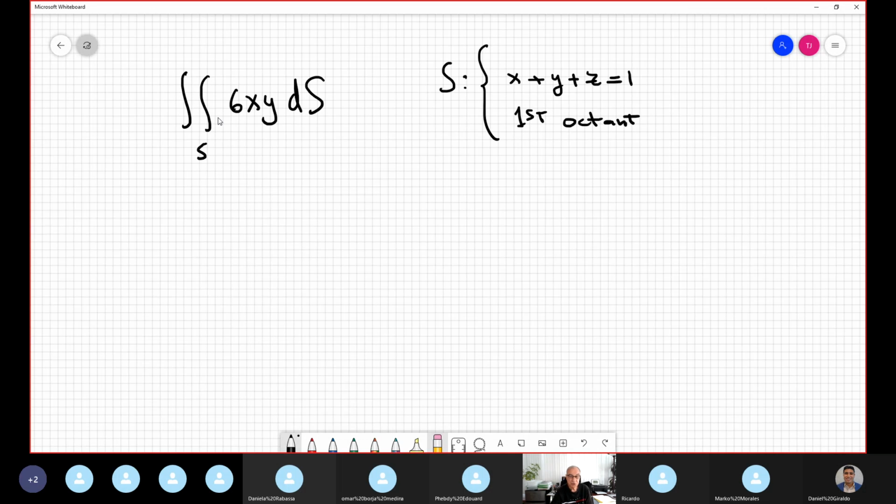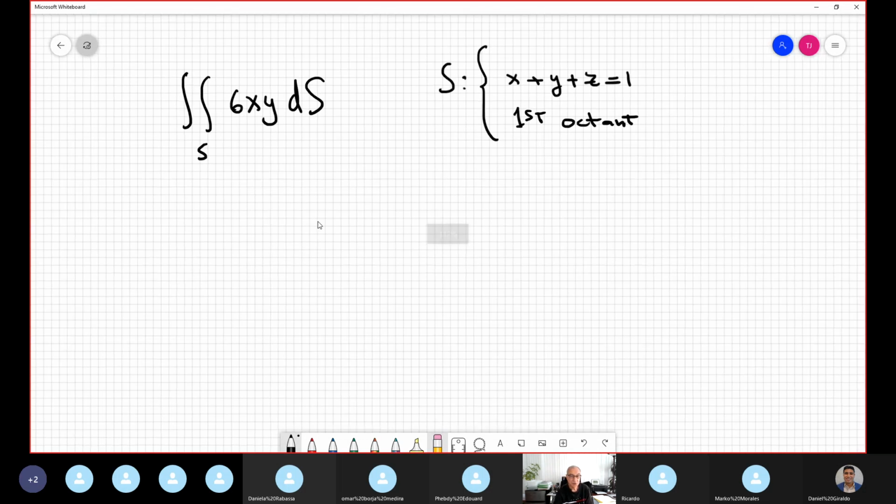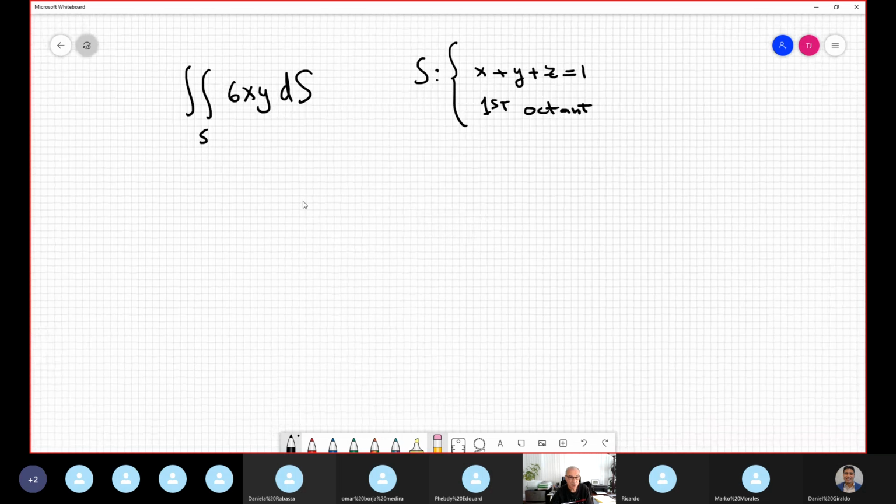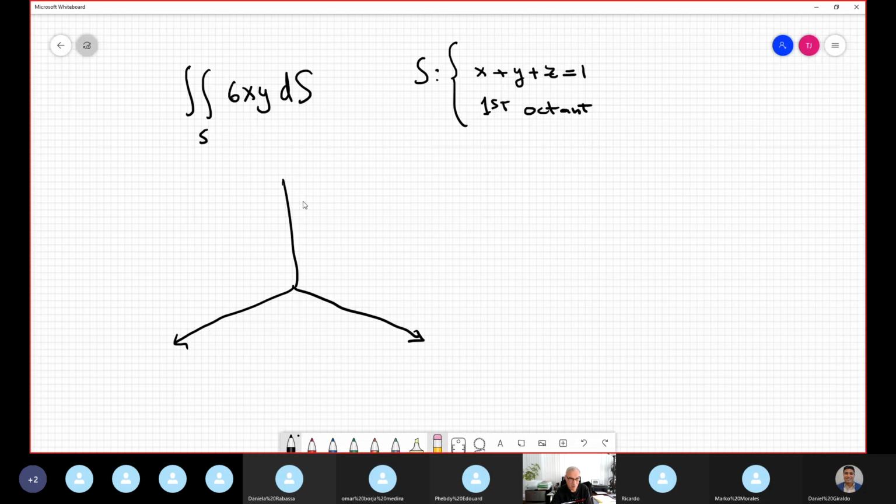Okay, let me try to understand the surface. To understand the surface, I do the sketch in 3D. Okay, this is a plane. It's obvious it's a plane, and it's obvious also that the intercepts are 1, 1, 1. So 1 here, and 1 here.